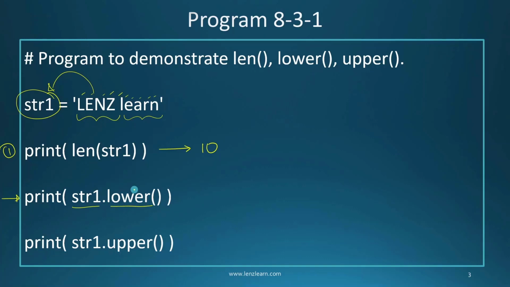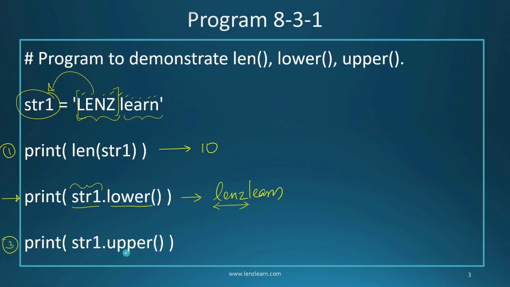What this function lower does is that it will convert the entire content of str1 into lowercase or small letters. So the output is going to be the whole string in small letters. The first word will be converted to small letters.